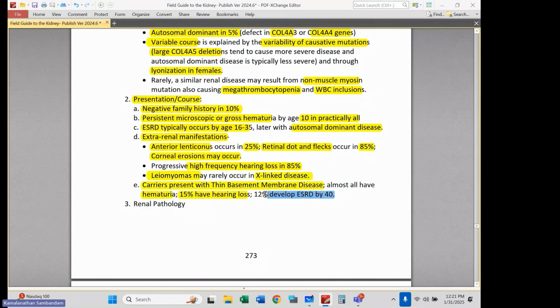And even those that have an alpha 3 mutation in type 4 collagen, or remember, a female with X-linked disease, right? A female that has two X chromosomes who's a carrier for the alpha 5 mutation in type 4 collagen will have a mild phenotype that looks like thin basement membrane disease. That may be manifest as just recurrent hematuria, mild penetration in the phenotype of hearing loss, but you should do the screening tests. And then even some of these are going to develop ESRD.